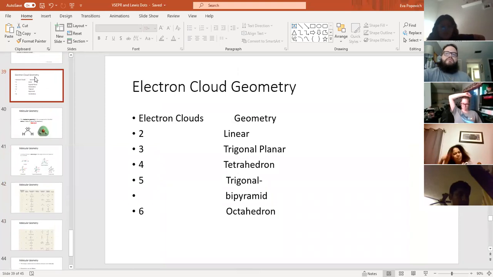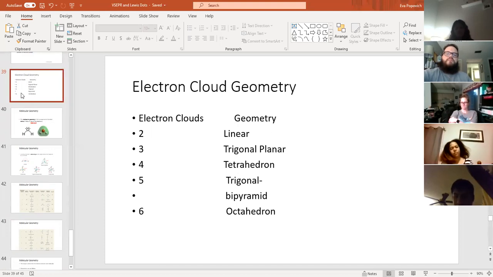The number of electron clouds on the center atom dictates the electronic geometry. If I have two clouds around that center atom, the electronic geometry is linear. 3, trigonal planar. 4, tetrahedron. 5, trigonal bipyramid. 6, octahedron. That's what it is. It has to be that way.